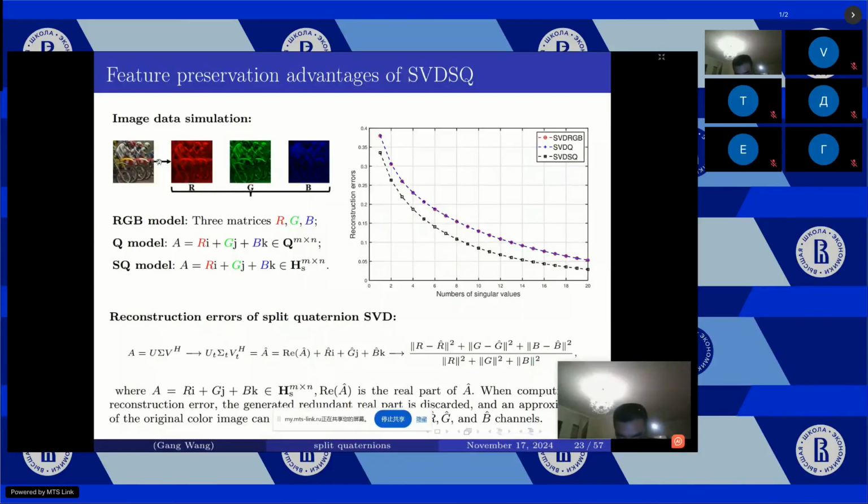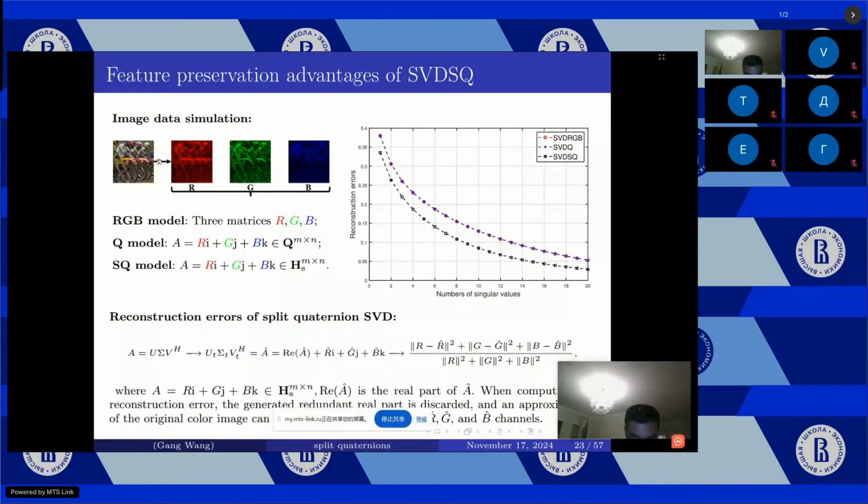It is important to note that both the quaternion and the split-quaternion matrix models produce real components, which we omitted, since only the imaginary component coefficient matrices are needed to represent the reconstructed color image.